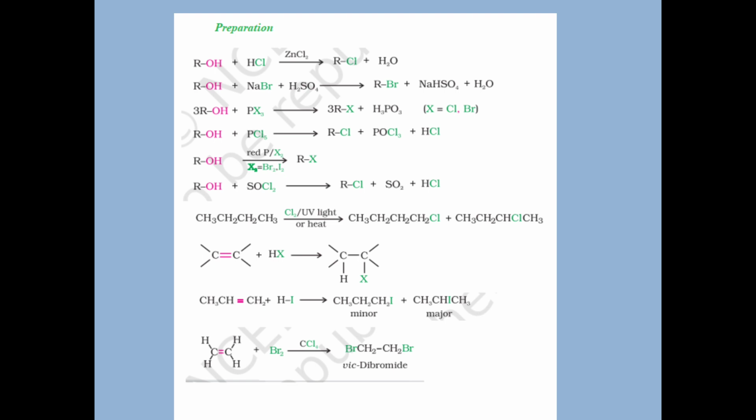From alkene, in the addition reaction of HX to a terminal alkene, the addition product will follow the Markovnikov addition rule. The reaction of bromine with an alkene in presence of CCl4 as a solvent gives a dibromo compound.